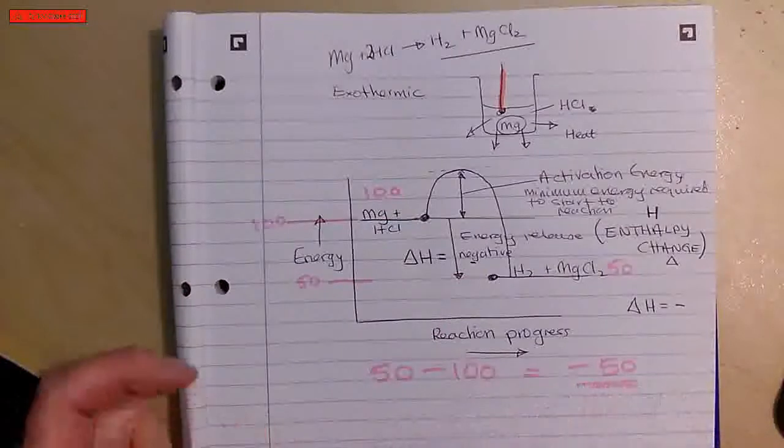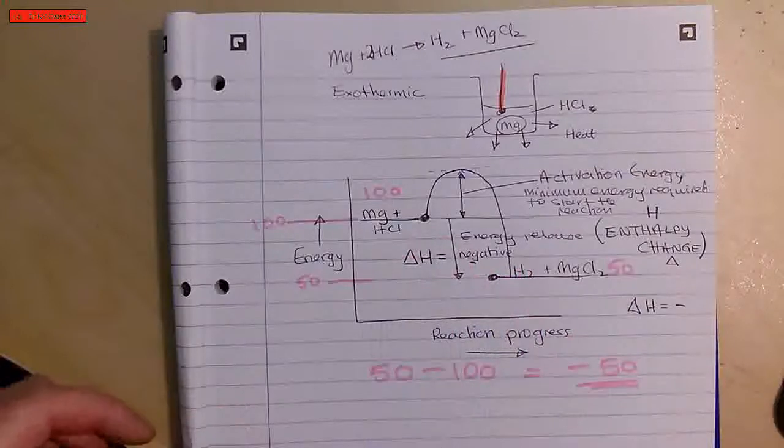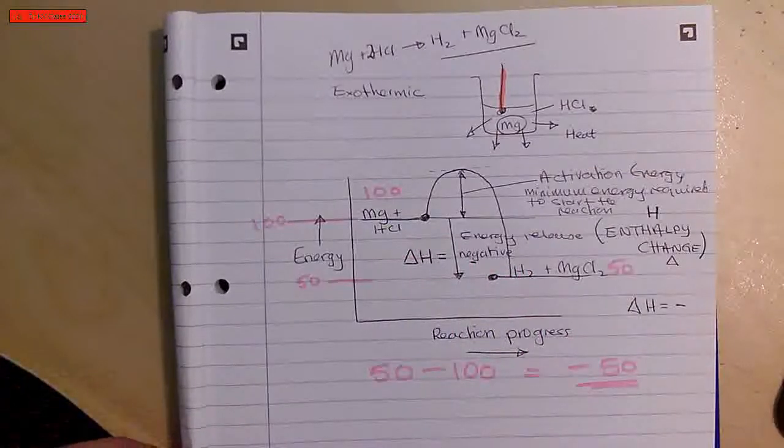So it's 50 take away 100, which is why it's negative. I will talk about that in another lesson, but this is why it's negative.